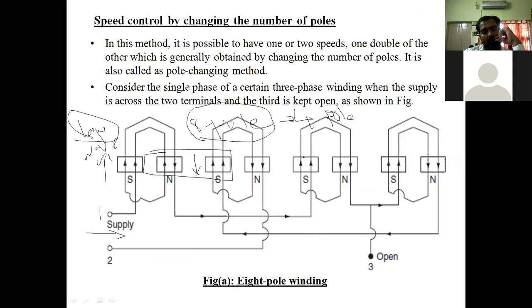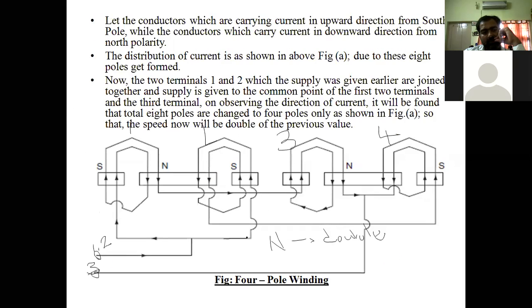But when coming to the 4 pole system, by changing from 8 pole to 4 pole, the first and second terminals are made into a single terminal and given the supply like this.